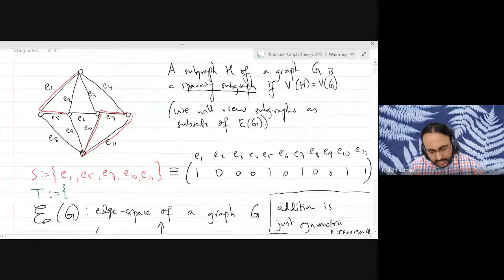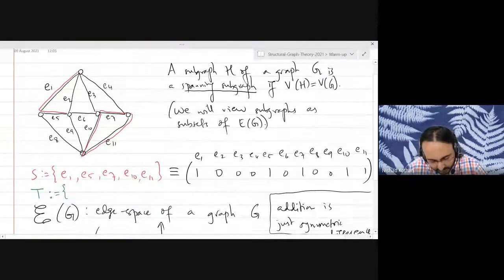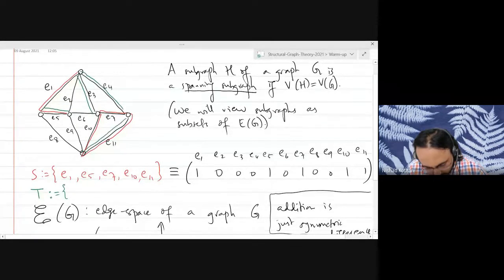So let's say I pick E5, sorry, I did not use the right color. Let's say I pick E5, E3, E4, E11, that's good enough.